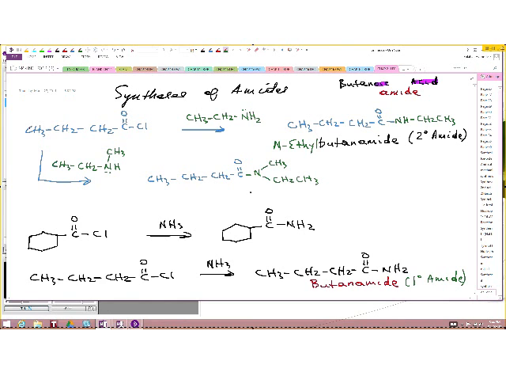Now, how do we name this one here? Once again, the name comes from the corresponding carboxylic acid. The base name is butanamide because the corresponding carboxylic acid has only 4 carbon atoms right here. Now to name this, you look at the alkyl groups attached to nitrogen, and you give the names in alphabetical order.